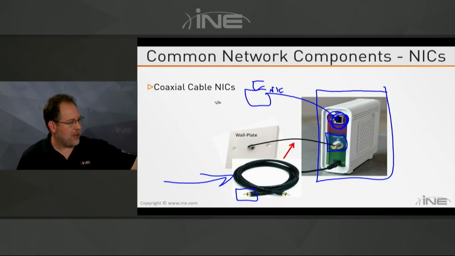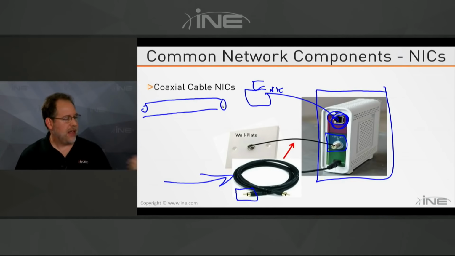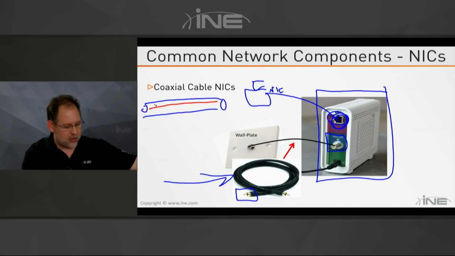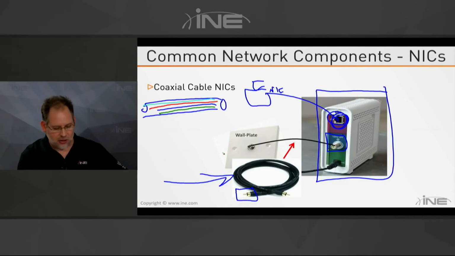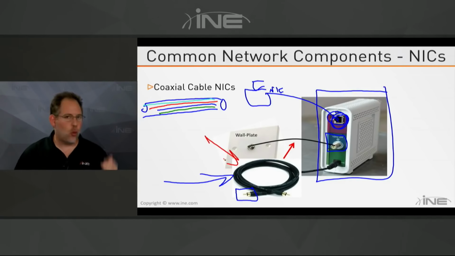For example, in an Ethernet cable, if I unwrap the outside, I would actually find multiple strands of copper on the inside, not just one. There'd be many strands of copper in here. Whereas in a coaxial cable, there's really just one thick copper wire underneath here.